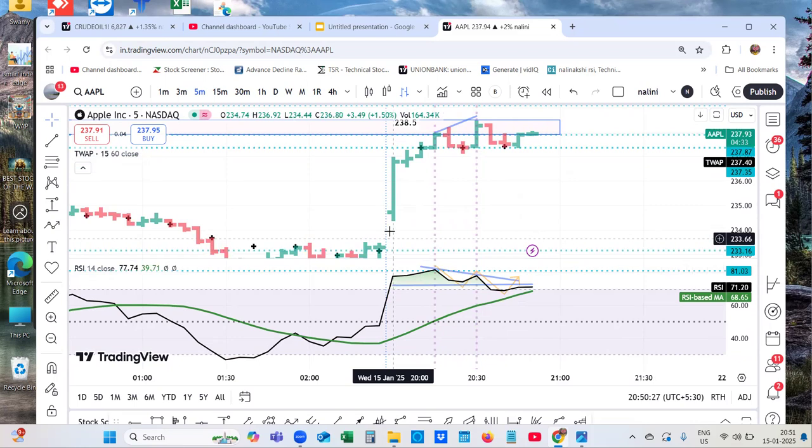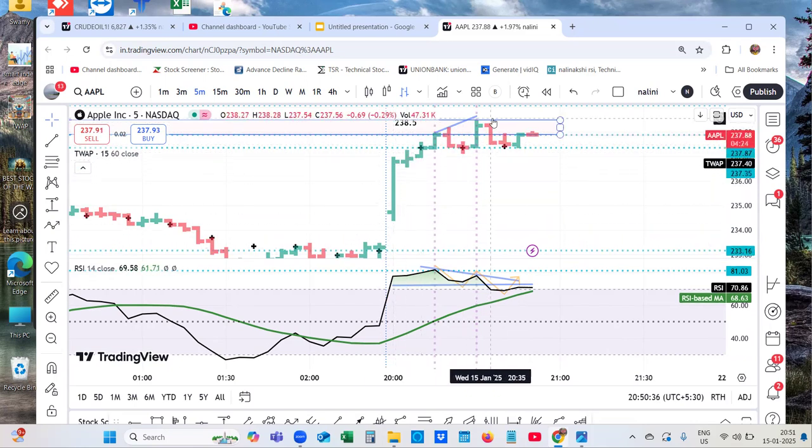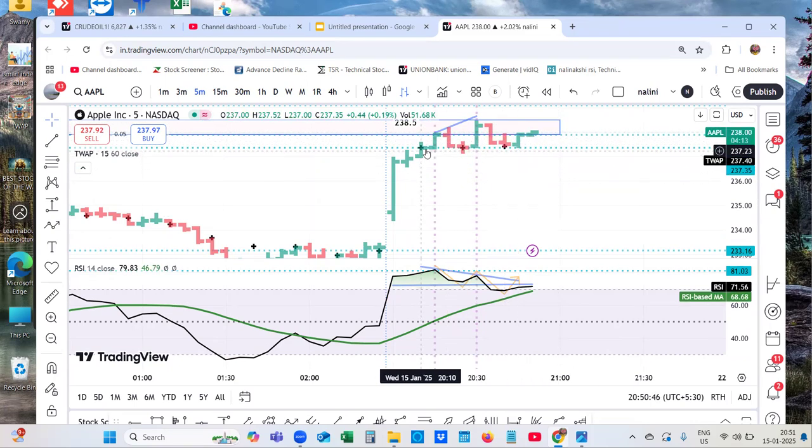Because the market has moved so swiftly to this high. The space has been covered so swiftly, so it takes time. So at minimum the market price will go sideways. So it has gone sideways. It clearly indicates the range.